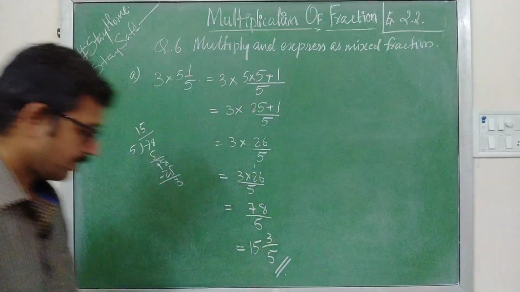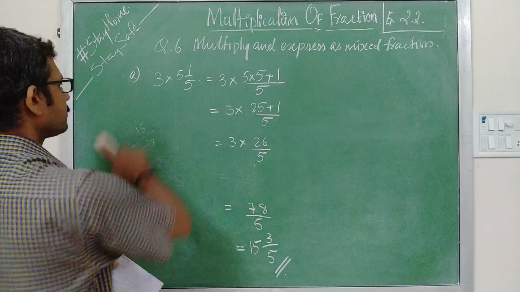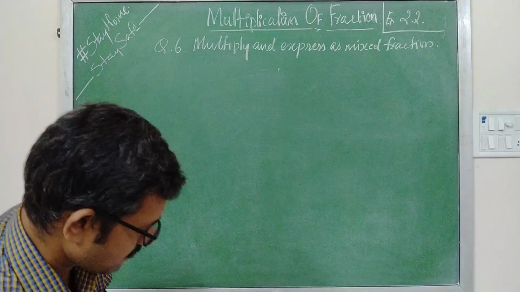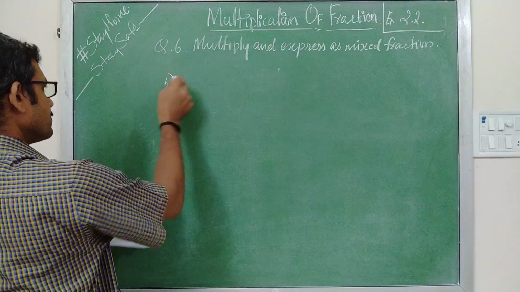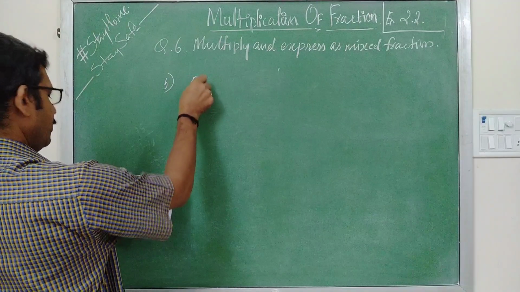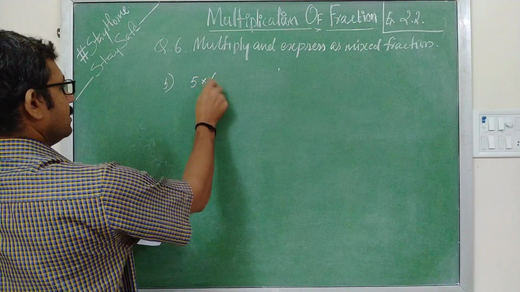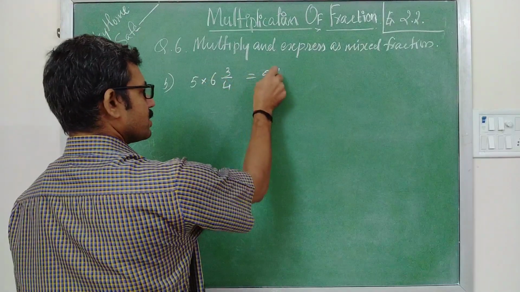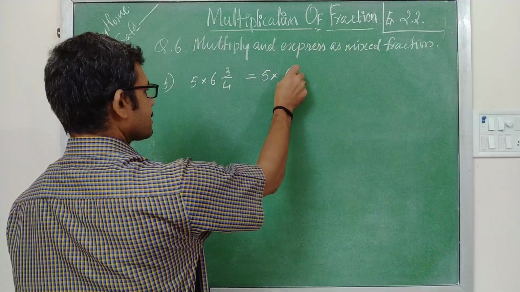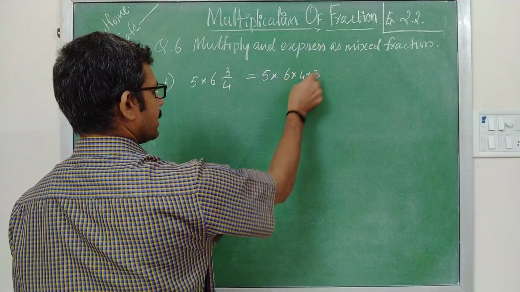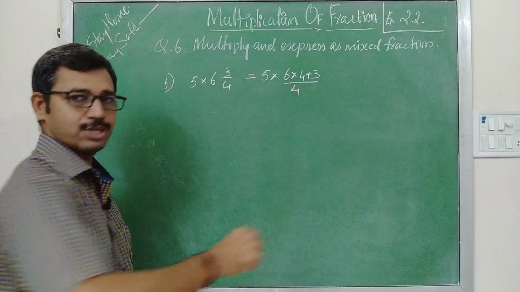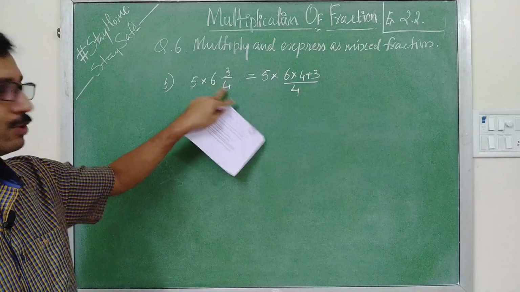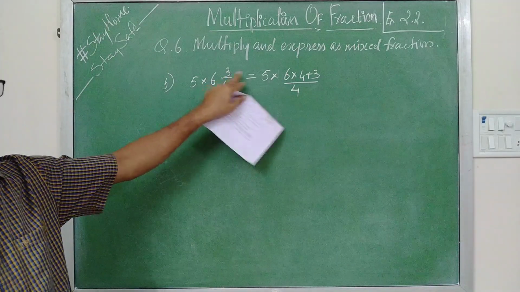Here it is, the second one, that is B. The question is 5 into 6 integer 3 upon 4. The same procedure: 5 into 6 into 4 plus 3 upon 4, that is denominator times whole number plus the numerator upon the denominator.